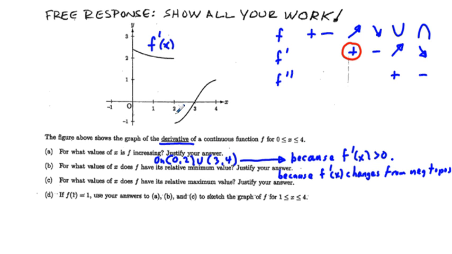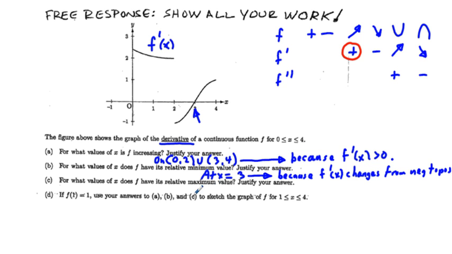Well, it looks like here at 3, because we're changing from f prime of x being negative to f prime of x being positive. So we can just say at x equals 3, because f prime of x changes from negative to positive.